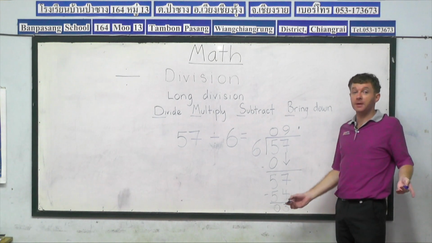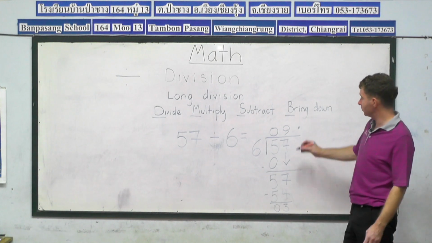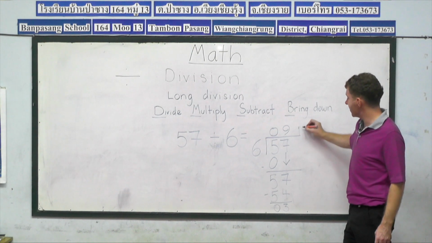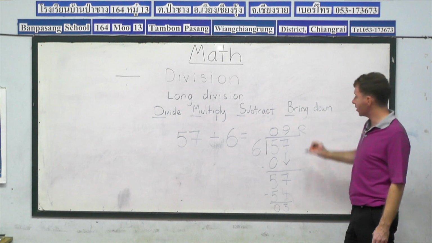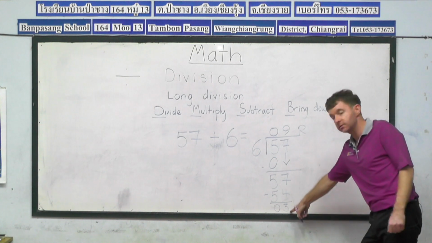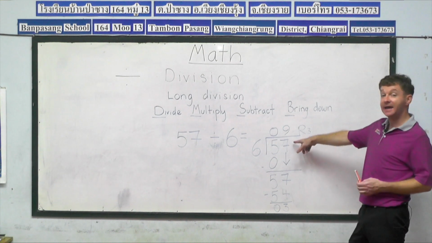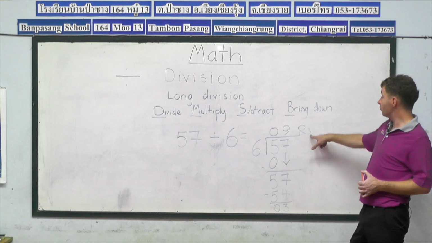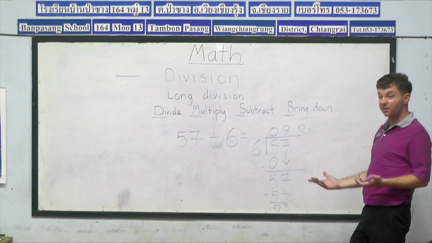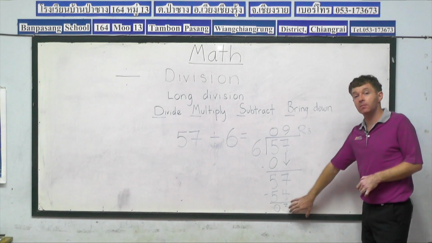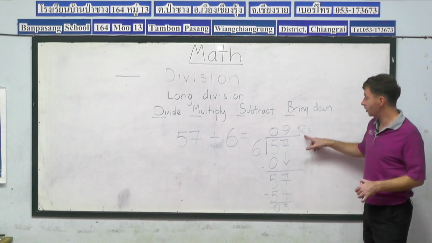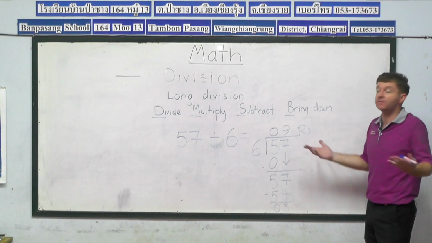Yes, it's not a big problem. All we need to do is we have our answer, and where the bring down should be, we just write R for remainder 3. So our answer is 9, remainder 3. All we need to do with the numbers left over at the end is call them the remainders, because we can't divide.